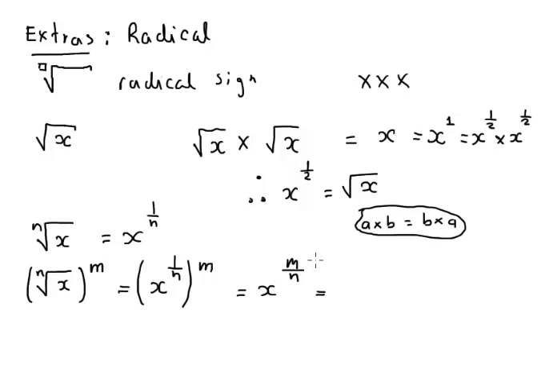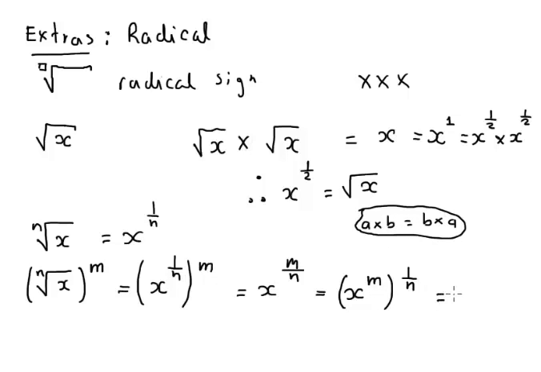That's a known property of numbers, isn't it? Commutativity. Multiplication is commutative. So now I can write this thing as x to the power m, to the power 1 over n. I just used this. Then what does this mean?